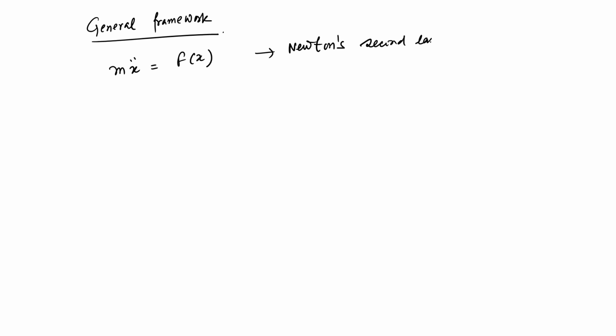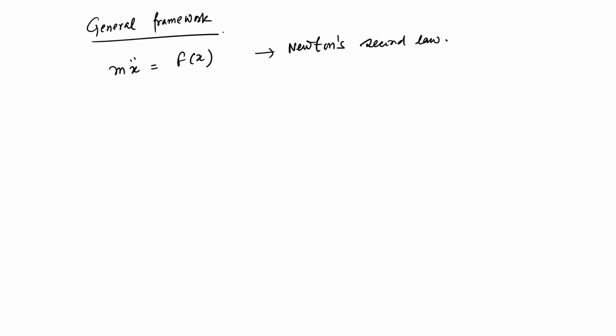So, the general framework would say that we have a problem to solve which is m x double dot equal to f of x, and this is nothing but Newton's second law. Okay.